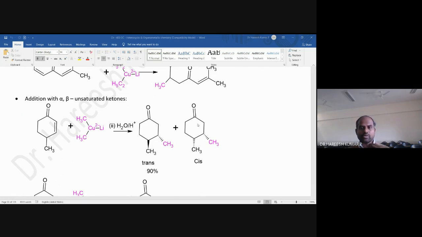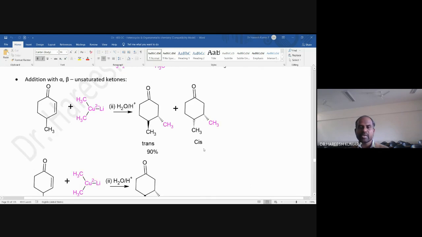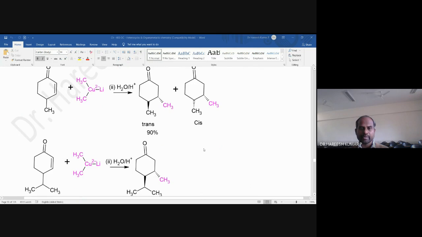What you can observe here is a possibility: with respect to these two, this is towards the observer and this is away from the observer, which means trans. The trans product is the major product formed, and when both groups are away from the observer, it is cis, which is the minor product, obtained in less quantity.